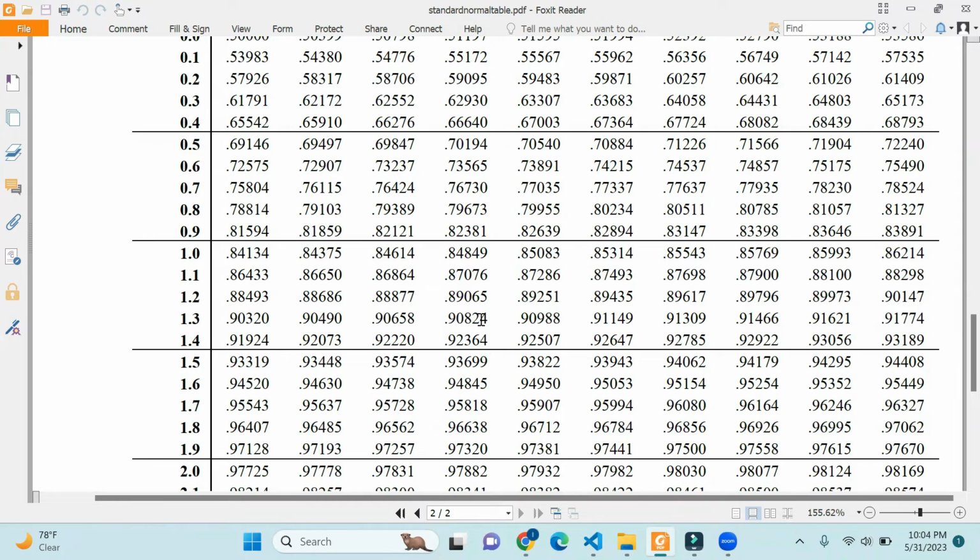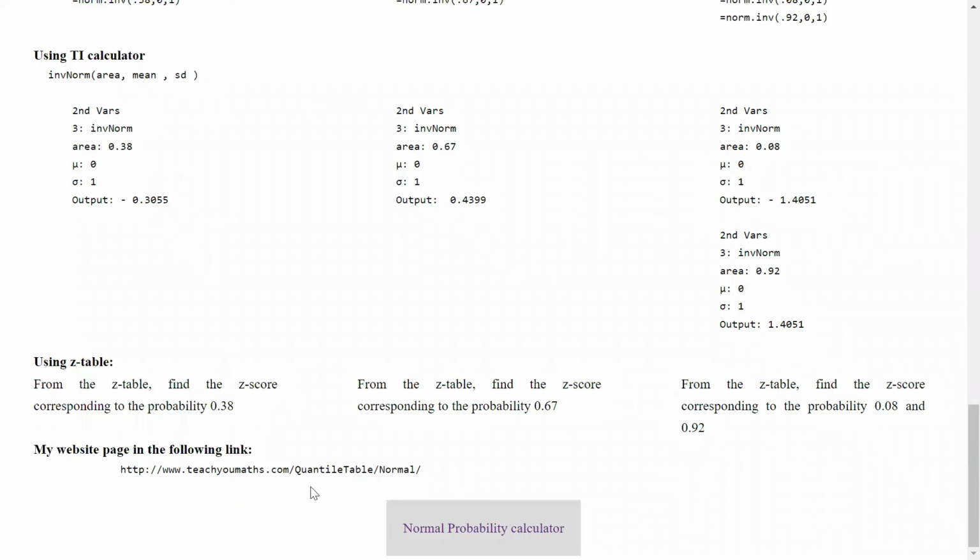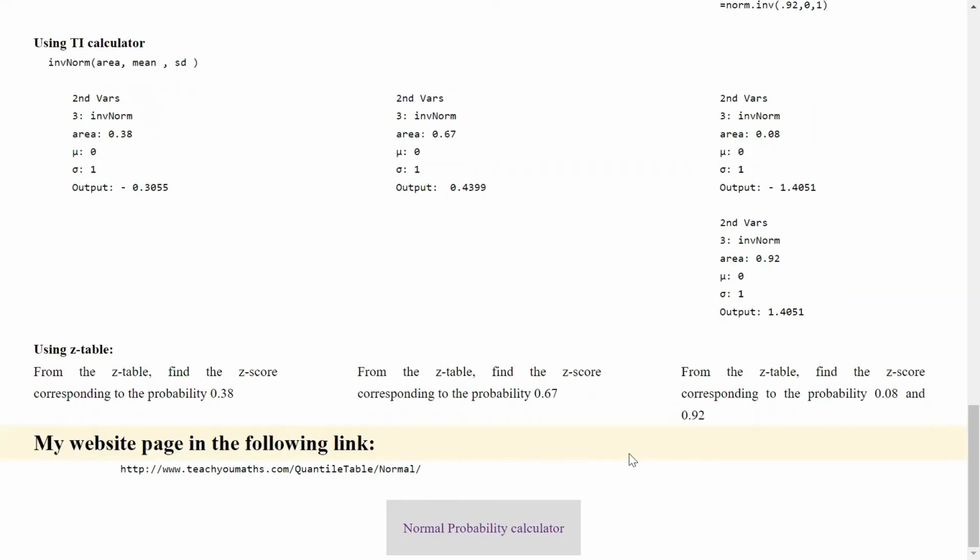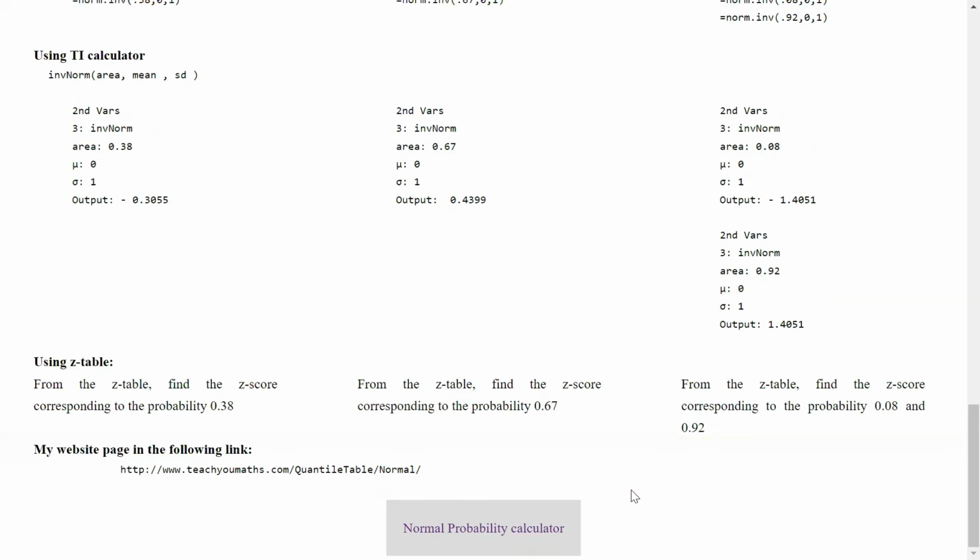From the Z table, find the Z-score corresponding to the probability 0.38 for the left probability, 0.67 for the right probability, and 0.08 and 0.92 for the lower and upper quantile of the middle probability. Let's try to find these Z-scores from the table.